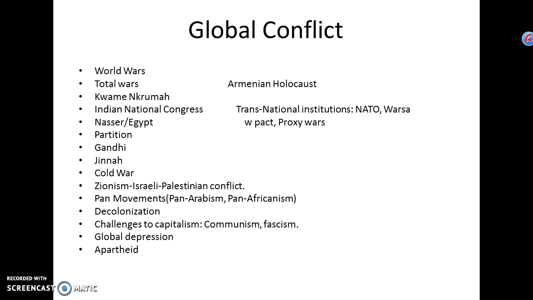There's nationalism and pan movements all throughout Africa and the Middle East, with Nasser, the Egyptian nationalist leader. The creation of Israel and Zionism, which is pride in being Israeli or Jewish, are all nationalist movements. Nationalism peaks mostly in Africa after World War II, with leaders like Nkrumah and the African National Congress, all the way into the 1990s with the end of apartheid and Nelson Mandela in South Africa.